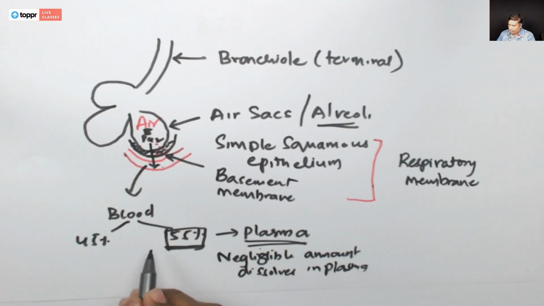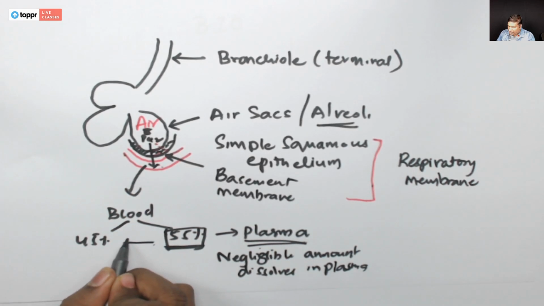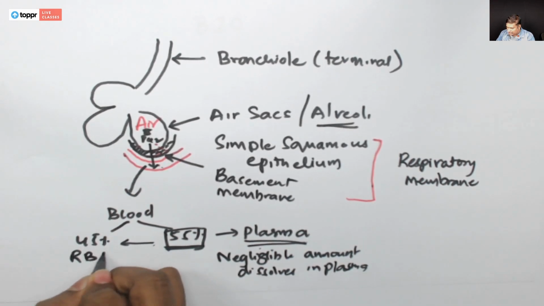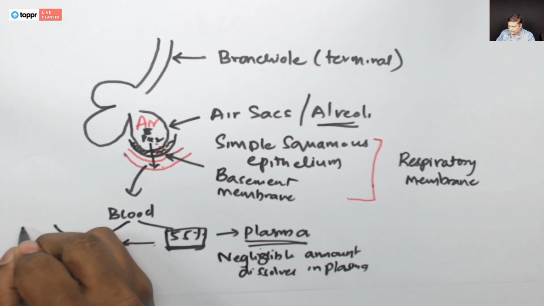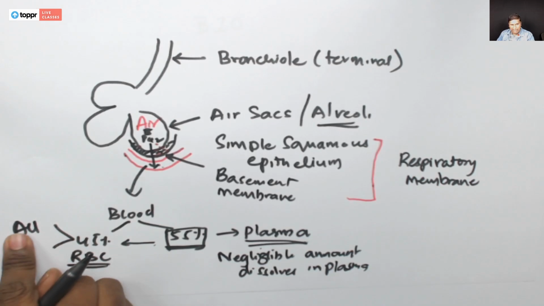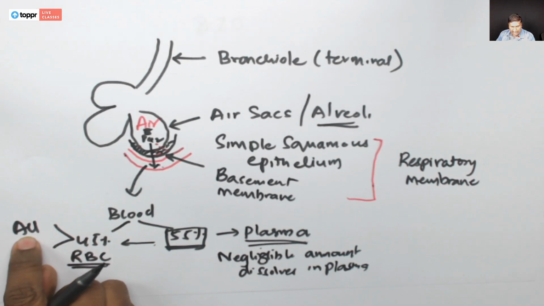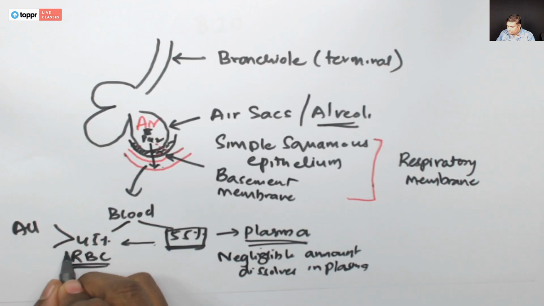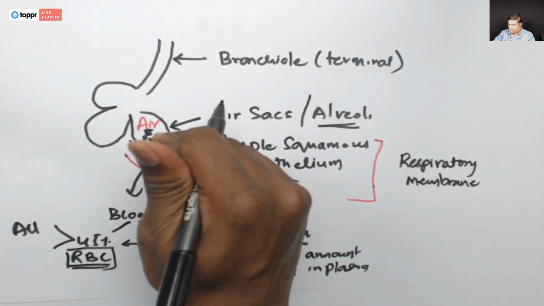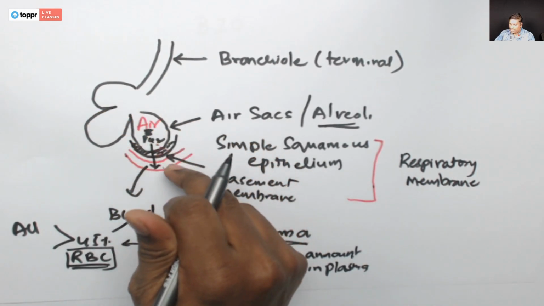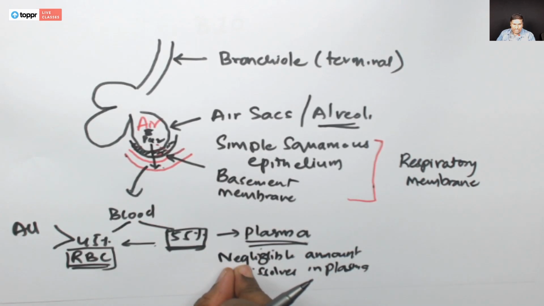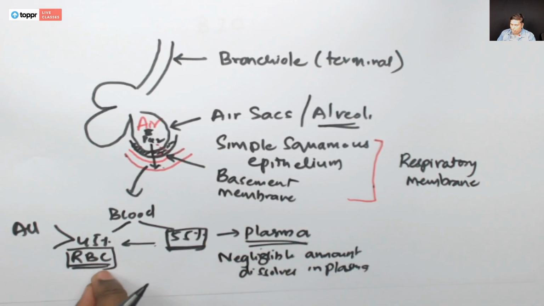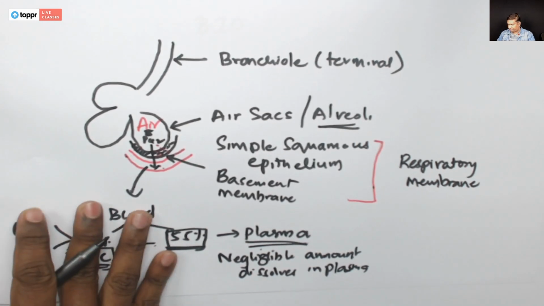It gets diffused into the RBC. The 45% formed elements will have all the cells: your WBCs, RBCs and platelets. So very little of the oxygen moving from the alveoli into the capillaries will get mixed in the plasma. Most of it will directly enter the RBC.